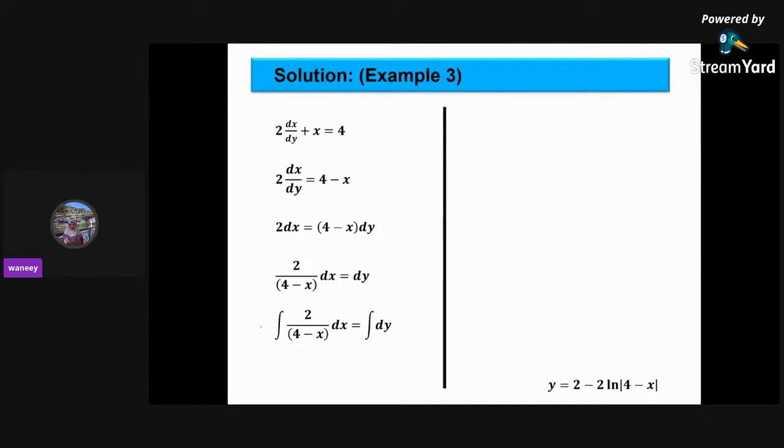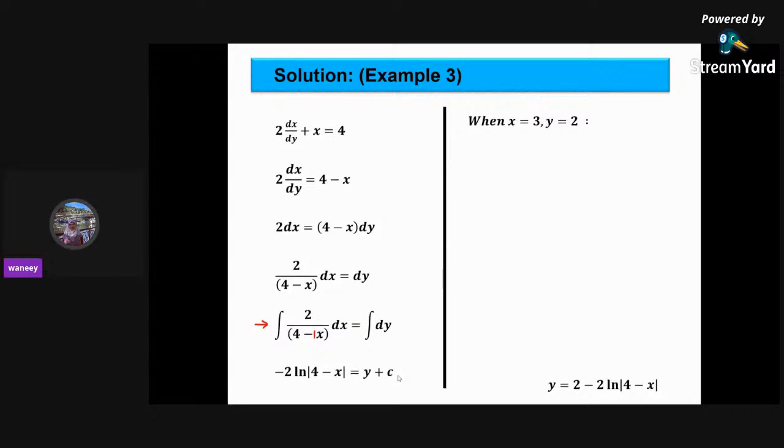But be extra careful on the left hand side, because the coefficient of x is -1 here, so make sure to divide by the coefficient of x. It will become -2 ln of the modulus of 4 minus x equal to y plus C. And then they tell us that when x is equal to 3, y is equal to 2.